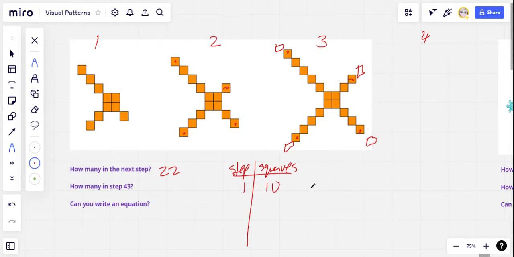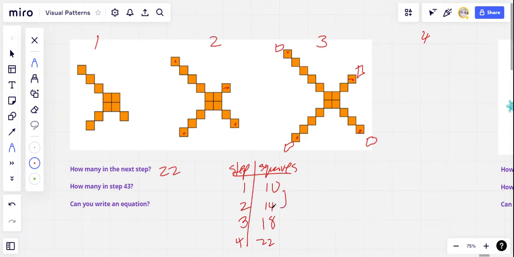So step 1 has 10 squares. In step 2, we've just added 4 more, so that should be 14. And in step 3, we've added 4 more again, so that should be 18. And in step 4, we're predicting 22, and that seems to make sense because that's 4 more than 18. So it looks like the pattern is holding there.